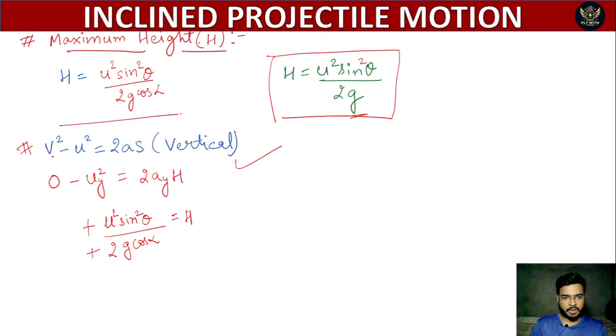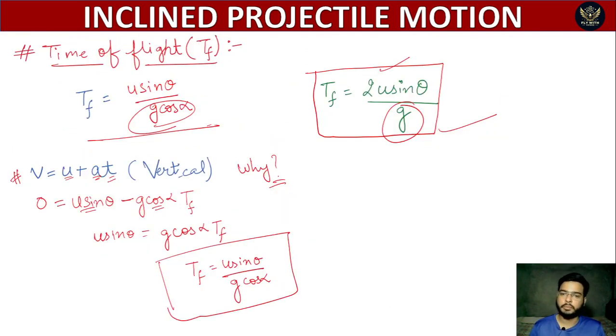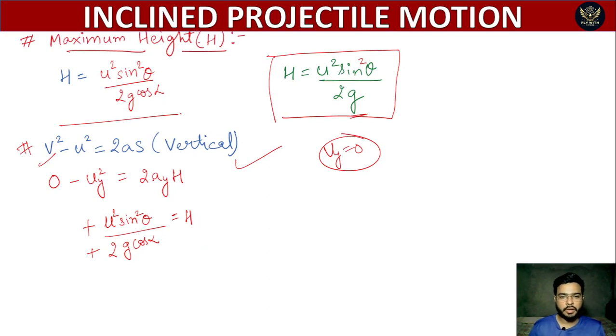At that point vy is equal to 0, and uy is not 0, uy is u sin theta, and ay is minus g cos alpha, right? So just put the values of uy and ay here, where uy is u sin theta and ay is minus g cos alpha.